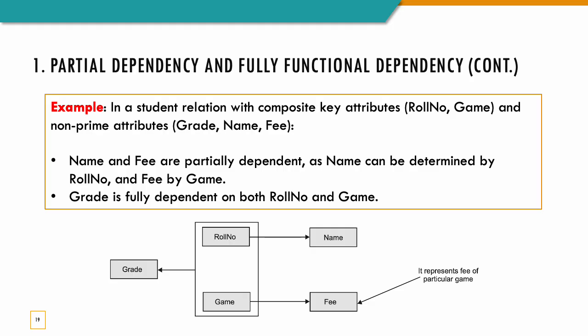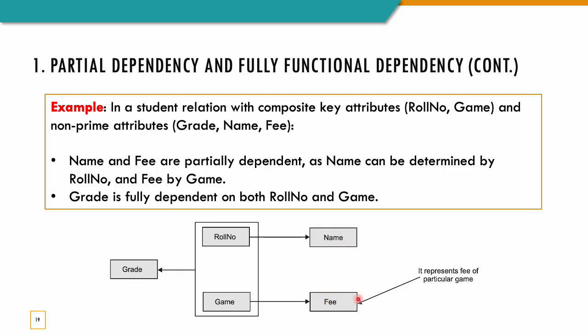Partial dependency can only occur if there's a composite key. We can see in this picture a student relation with a composite primary key, roll number and game. Suppose we have non-prime attributes name and fee.